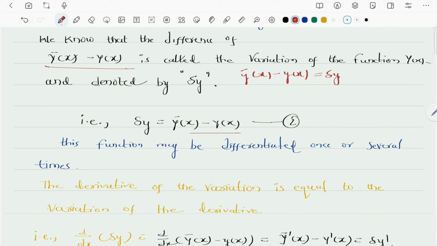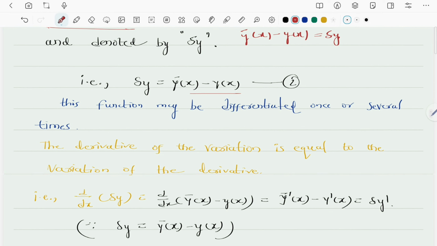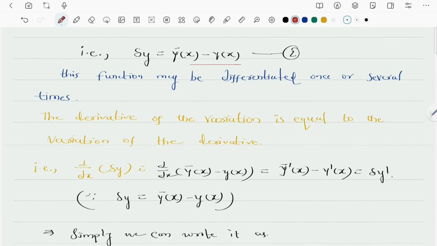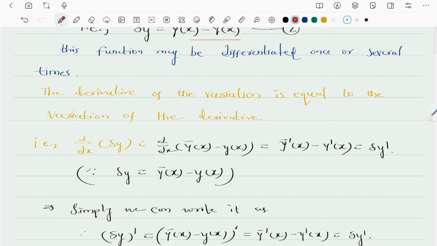Then these functions may be differentiated once or several times by the condition of a functional. Therefore the derivative of the variation is equal to the variation of the derivative. What does it mean? The derivative of the variation, d by dx of delta y, is equal to d by dx of y bar of x minus y of x, where delta y is y bar of x minus y of x.